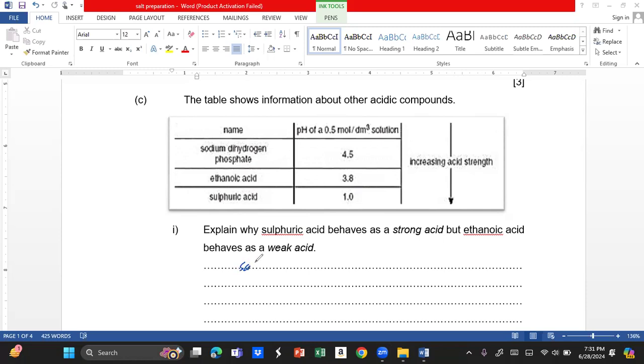Sulfuric acid is completely ionized in aqueous solution and has low pH. You understand?